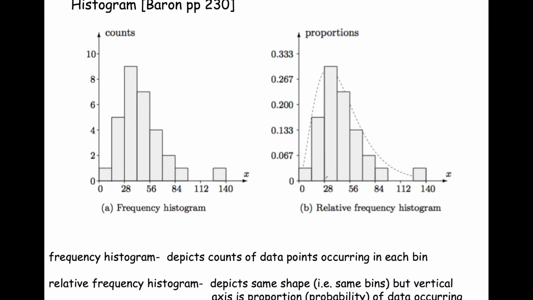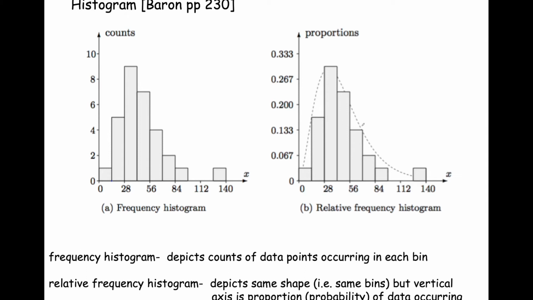If I direct your attention to frame B, this is the same type of information, but we've normalized it, a relative frequency histogram. So it's the same deal, but instead of depicting the counts, you're going to divide the count of each bin by the total number of samples that you have. And so the vertical axis is going to change in the case of a relative frequency histogram.